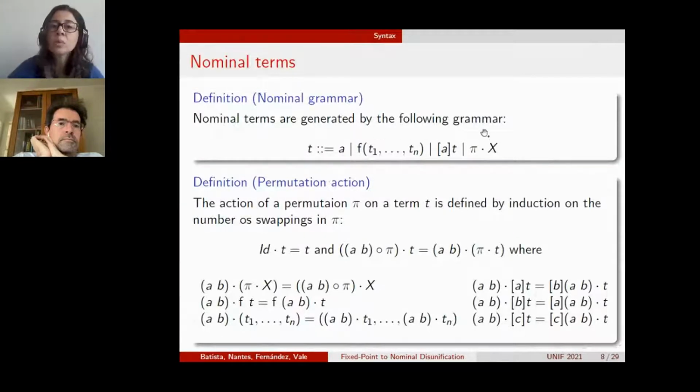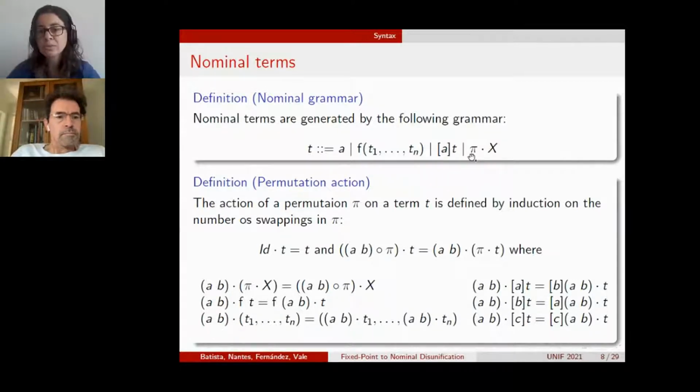So we deal with nominal terms. They are an extension of first order terms, but we have a construct for abstraction. So an atom is a term, a function application is a term, an abstraction of A in T is a term, and a suspension, a suspended variable, pi X, is a term. The permutation action here is used to apply renamings of names.